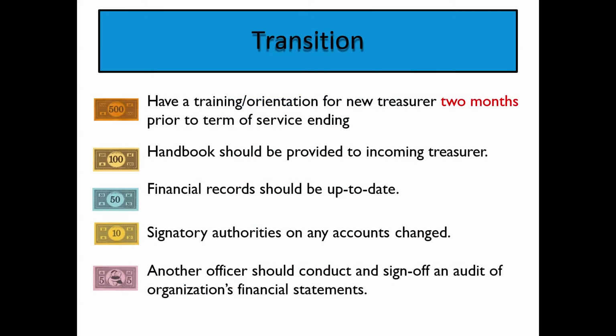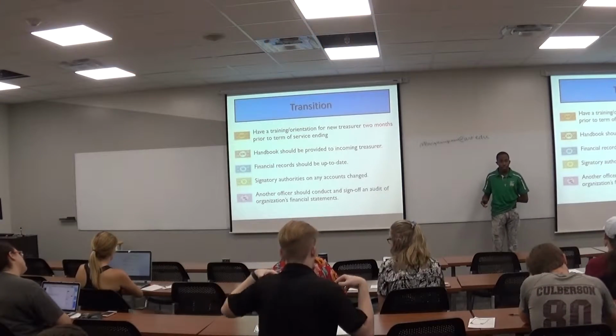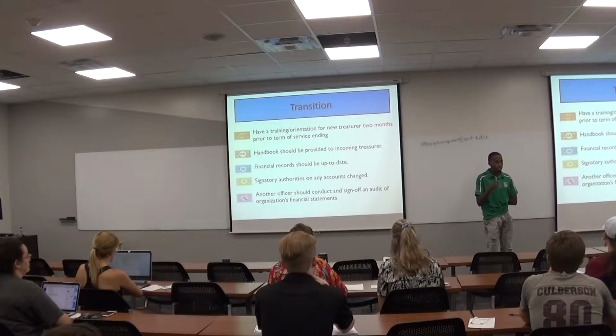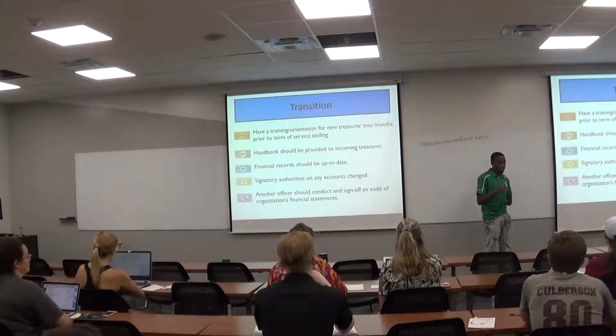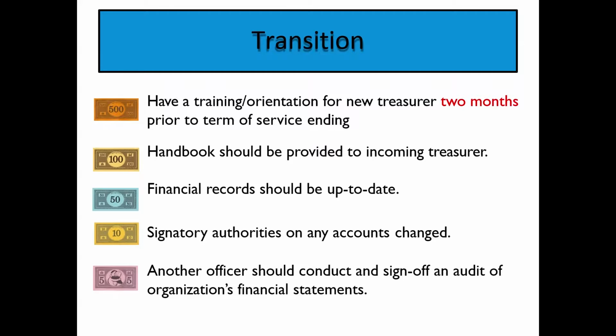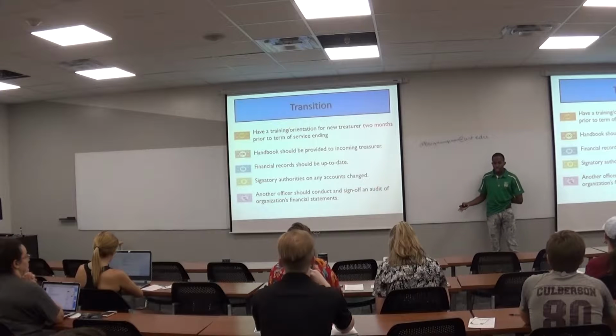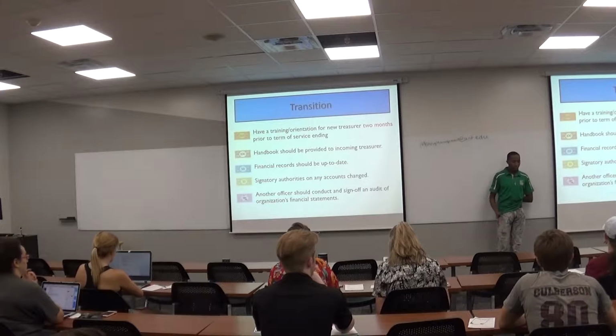Financial records should be up to date. Like I said earlier, you should always have your financial records up to date, but you should keep your new treasurer that you just elected updated on that too. So if you have, let's say, Wells Fargo as your bank and you had elections already, your new treasurer should be going with you to the bank.